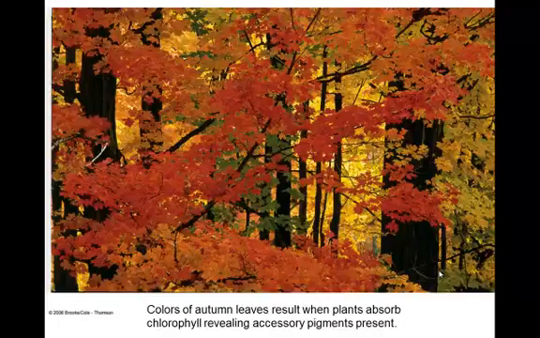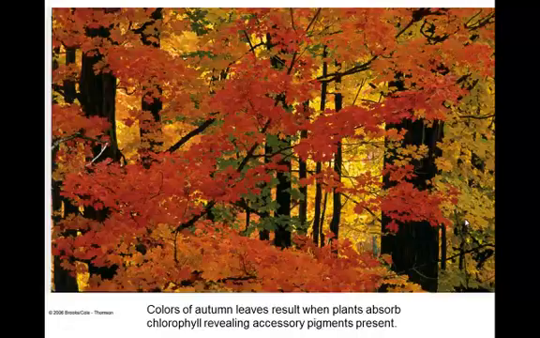It has a magnesium atom right at the center, and in order to maintain their store of magnesium, they absorb the green pigments back. And then you can see the underlying accessory pigments. In this case, it looks like a lot of carotene is in the leaves of this maple tree. And so it's very interesting.